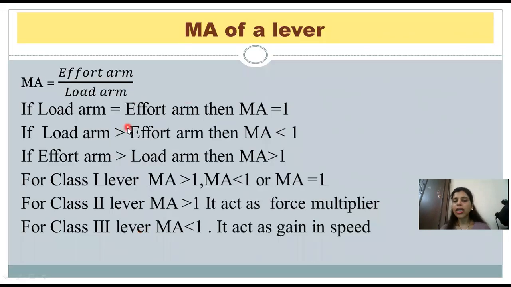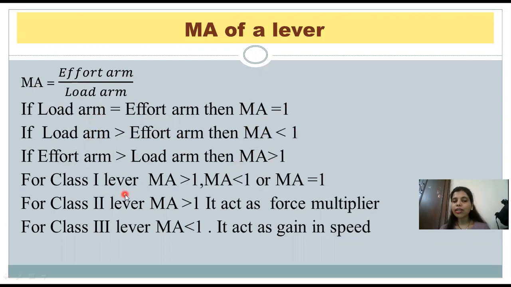So we are done with all kinds of lever. Here is a recap of what we have done. MA for the lever is effort arm upon load arm. If load arm and effort arm are equal, then MA is equal to 1. If load arm is greater than effort arm, then MA is less than 1, as we have seen. If effort arm is greater than load arm, then MA is greater than 1.